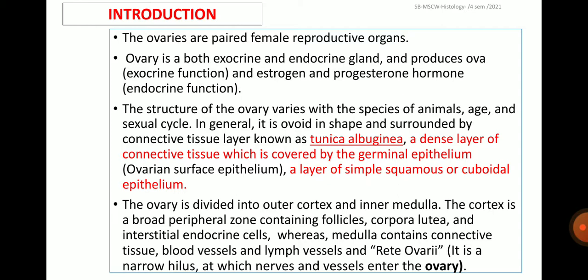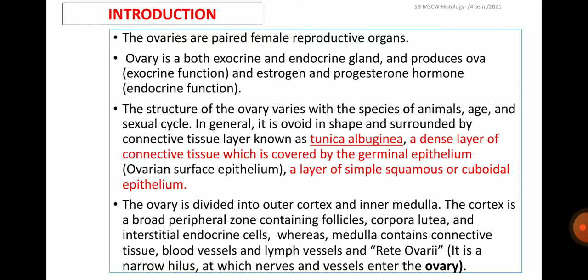Each follicle consists of an immature egg called an oocyte, encased by one or more layers of very different cells, and the surrounding cells are called the follicle cells. If a single layer is present, and granulosa cells when more than one layer is present. So follicles at different stages of maturation are distinguished by their structure.